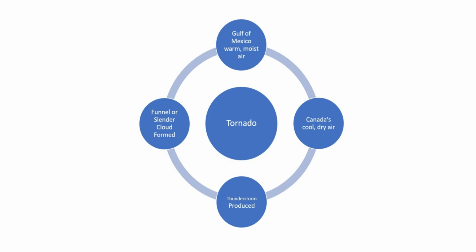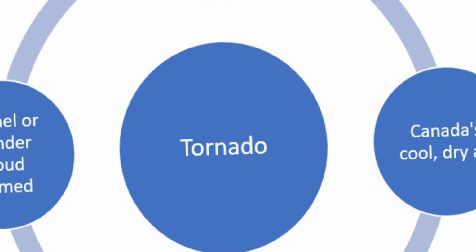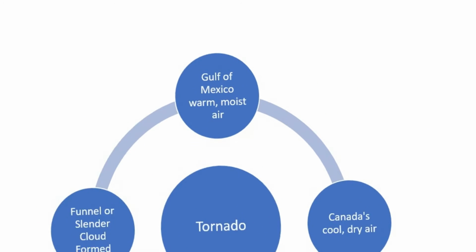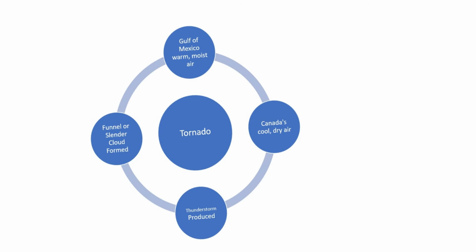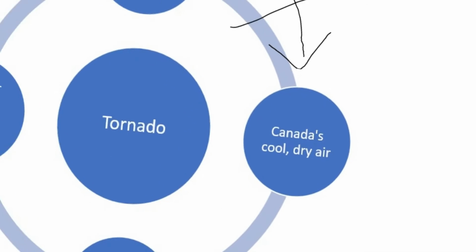Here's the diagram. For a tornado, you have the Gulf of Mexico with warm, moist air, plus you have Canada's cool, dry air.